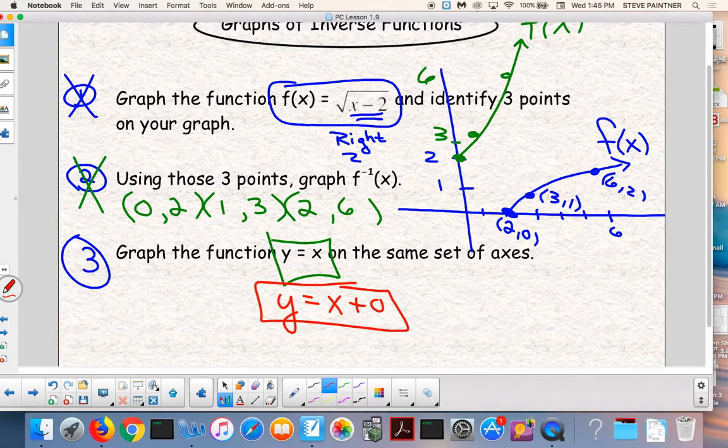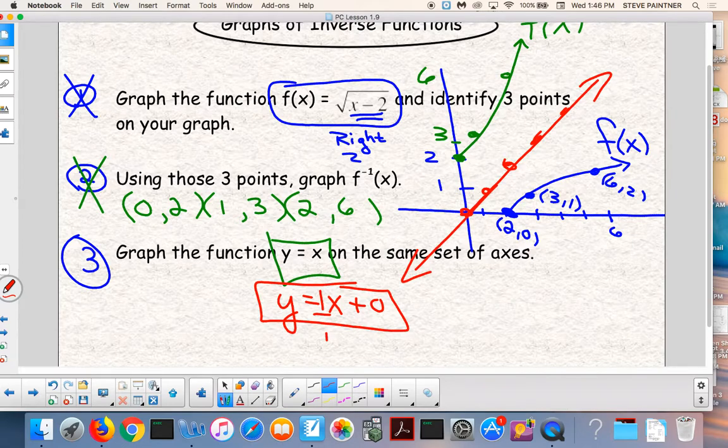It's y equals 1x plus 0. Where's the y-intercept? 0. Slope? 1 over 1, which means what? Up 1, over 1, up 1. I wish I had graph paper, but I don't. Okay, so basically it looks like this. There it goes.